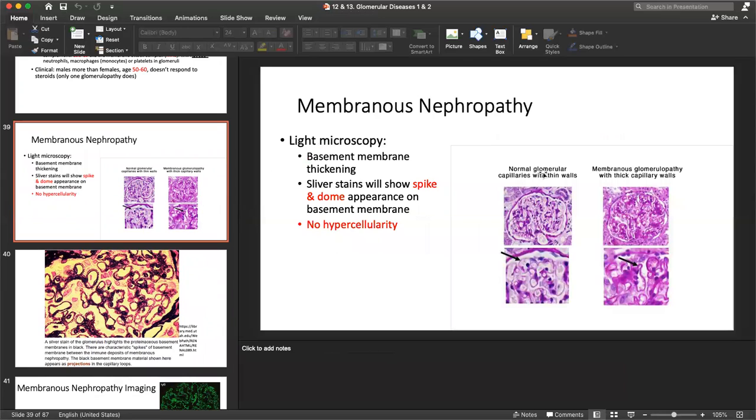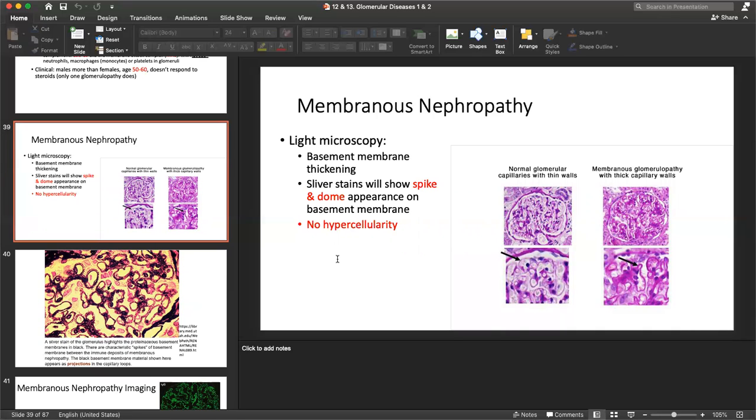Okay, let's look at light microscopy. So we've got basement membrane thickening. So here's normal. And we can see that the basement membrane, they just look really thick, like really bright, thick. If we get closer, you can kind of see how it's thin right here, and then this is super thick. Silver stains, which we're going to look at next, are going to have the spike and dome appearance.